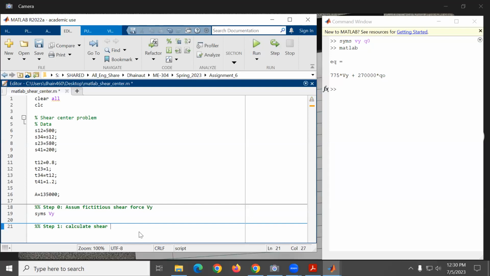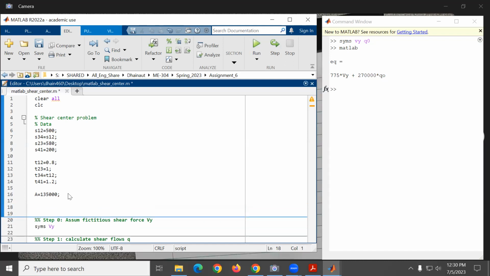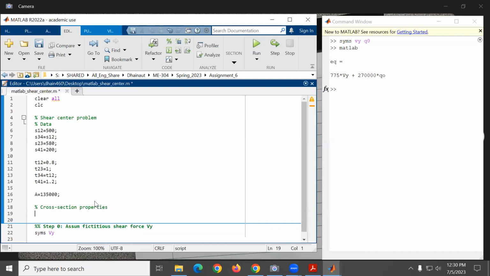Calculate shear flows Q. So maybe we can put over here cross section properties. So we had Ixx, we say was going to be equal to what?